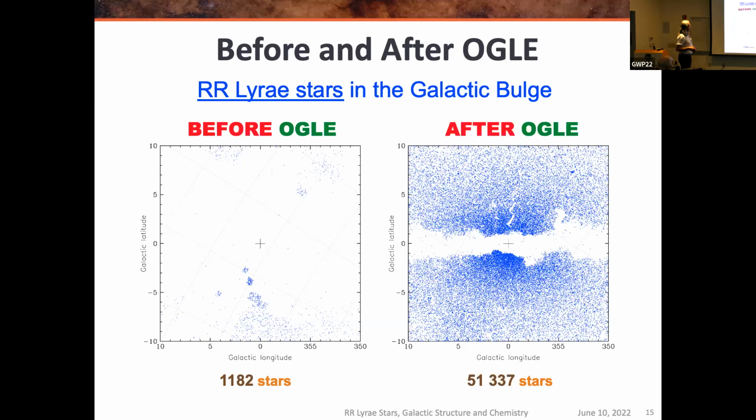And these are positions of RR Lyrae stars from the Ogle collection of variable stars, more than 50,000 objects. Well, this gap here is, of course, caused by huge, enormous interstellar extinction toward the plane of our galaxy. This is an inaccessible region for optical observations, but generally, I think this progress is well visible.